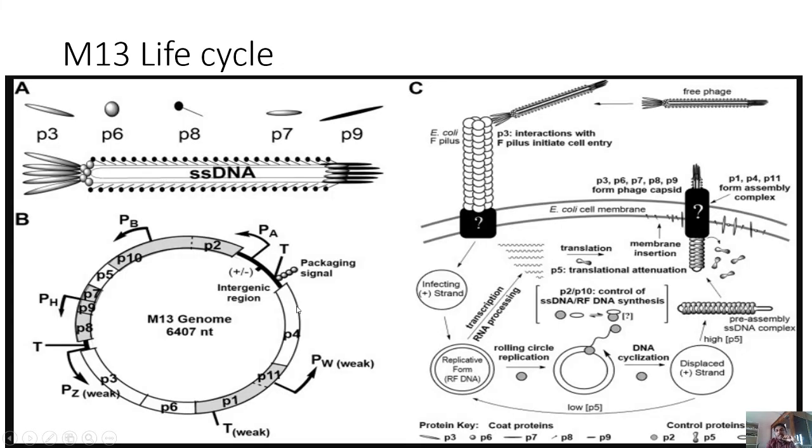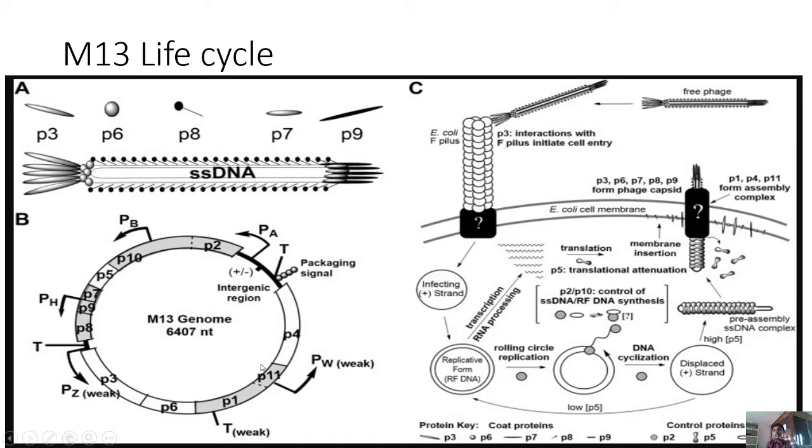As we all know, a cloning vector has some general properties. It may have an origin of replication, a multiple cloning site or polylinker where we can introduce a foreign DNA, and a selectable marker.